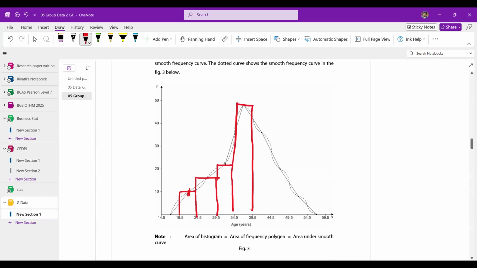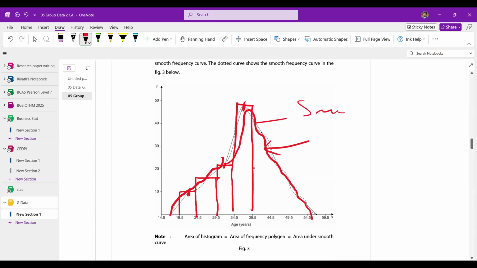You see, first we plot the points and we connect the points. Then we connect without the breaking line, right? So we can draw a smooth frequency curve.